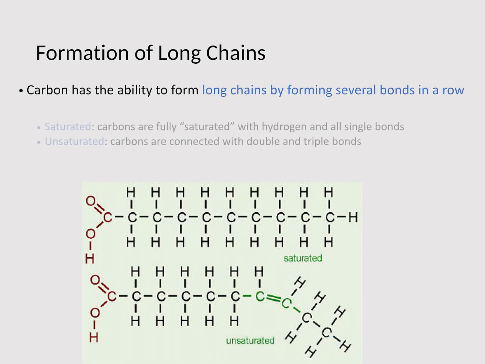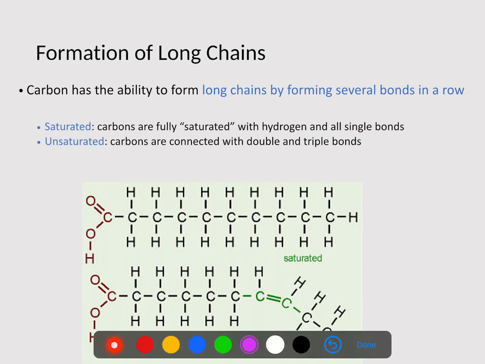So we have 2 different types of chains. We have a saturated chain, which would be like this one right here. Again, that would be saturated. And the reason that it's saturated is each one of these carbons is bonded to 4 different molecules. In other words, the carbon is saturated with bonds.